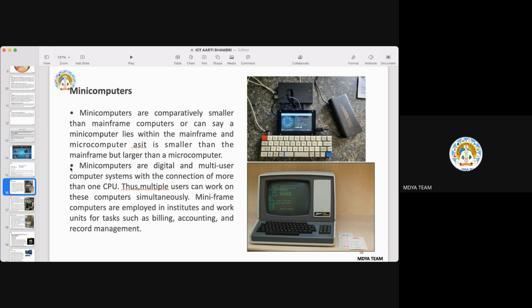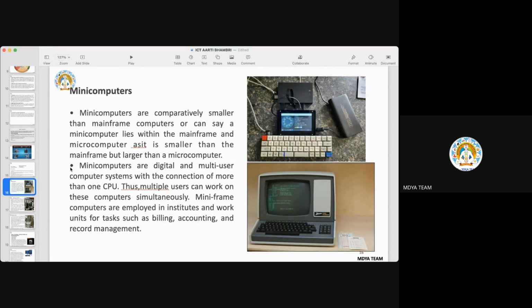They are digital in nature, multi-user computers with connections of more than one CPU, because they are designed for some special purposes.